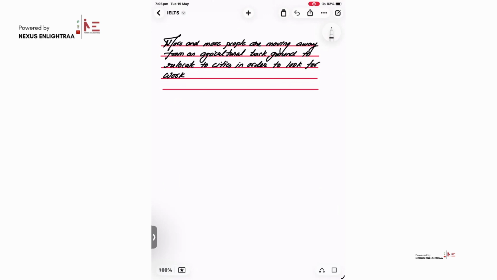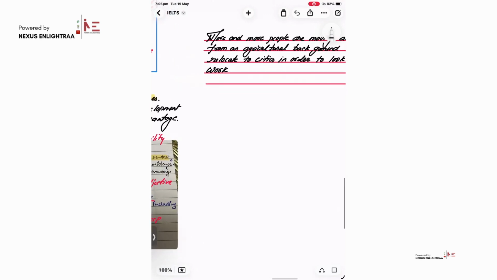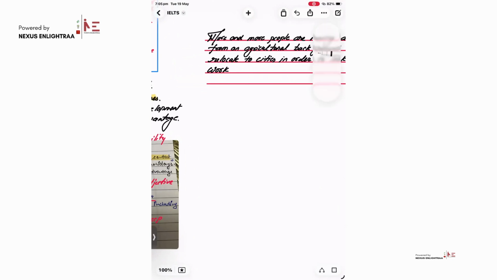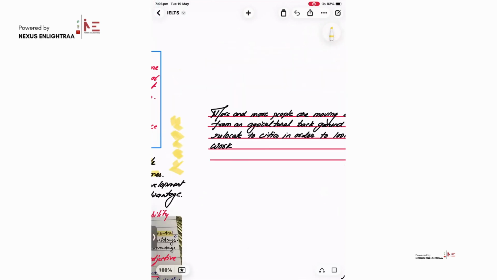If you want to know how it is written, it is C, O, M, F, T, A, B, L, E. Comfortable, right? This is the pronunciation.